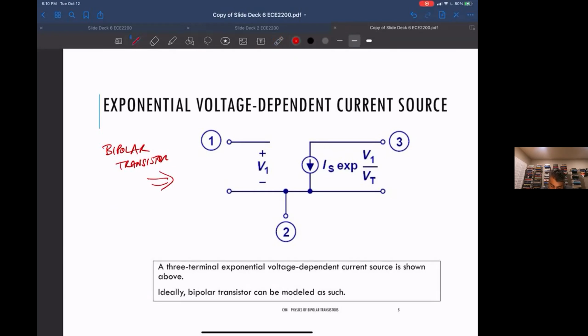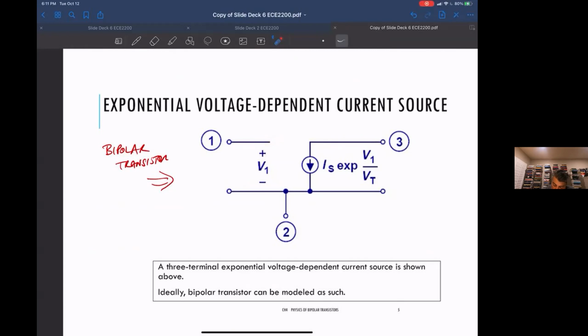It gets more and more complicated as you try to build a better model, but to first order, it looks like just a voltage dependent current source. So you have a certain input voltage, and then you have a certain output current.